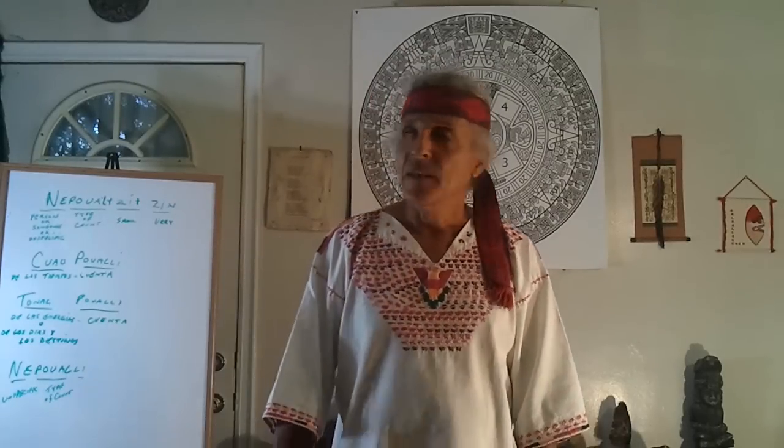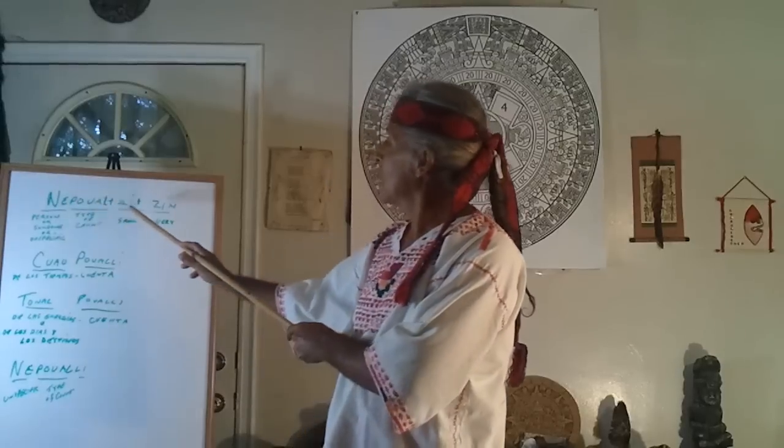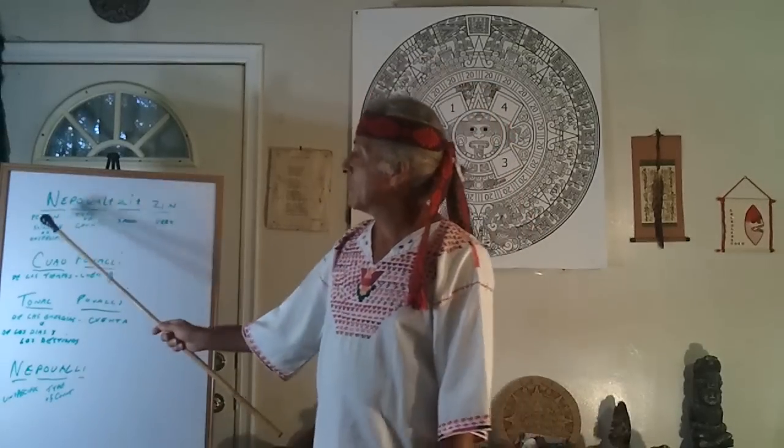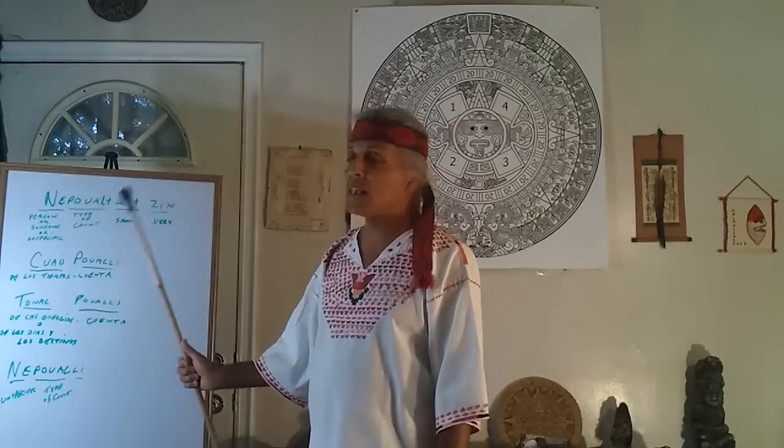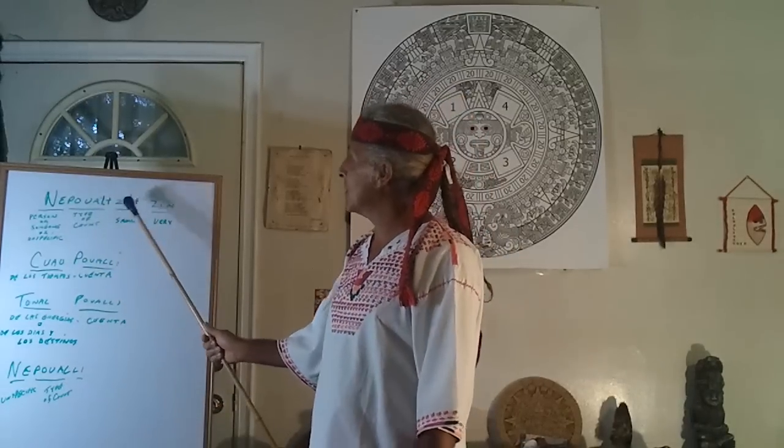I am here on this day to show you the completion of some research that I have done and concluded, which I will call the Nepohualtzit. Ne, which means non-specific, Poal from Powali, which is count, and Sit, which is small.